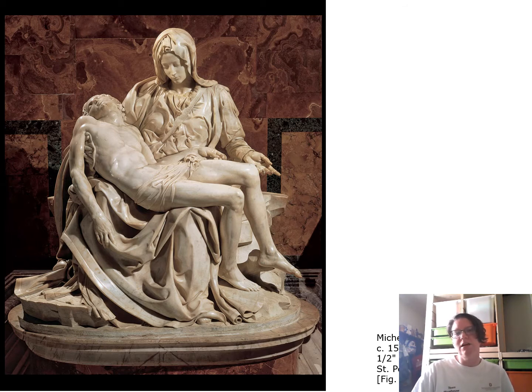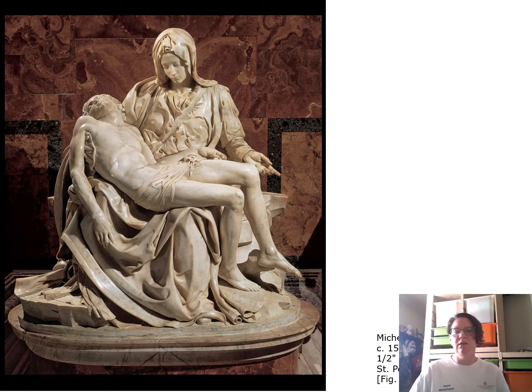He creates the ideal part by showing how Mary and Jesus could fit together in a perfect pyramid. But he also changes how Mary and Christ interact in terms of their depiction.